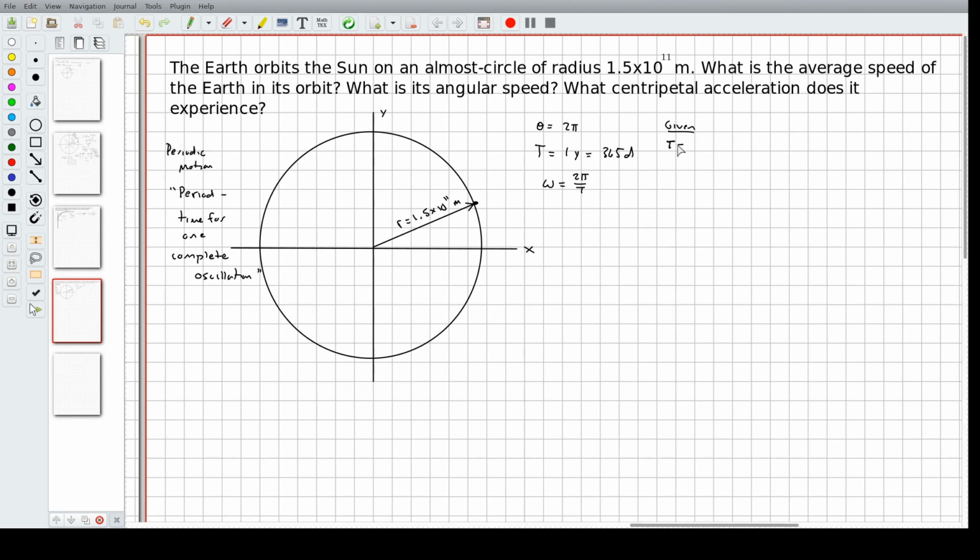So we're given that it takes 1 year, or 365 days. There are 24 hours for every 1 day, and there are 3,600 seconds for every 1 hour. Let's go ahead and do that.